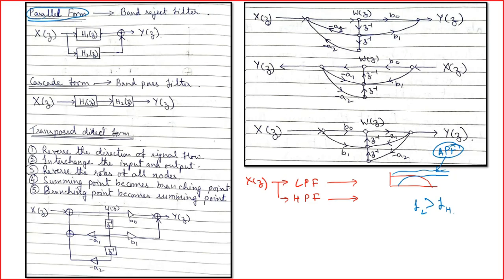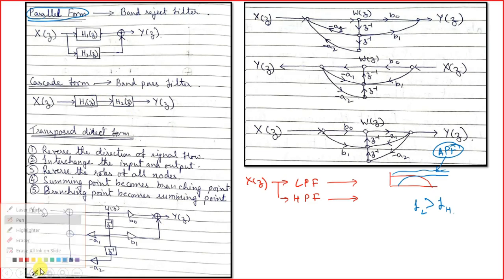So your total architecture changes. But we do not want the all pass filter. All pass filters have their own advantages, which we will not discuss over here. So we will restrict ourselves to the band pass filter.